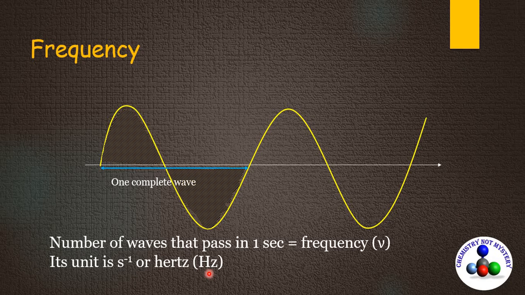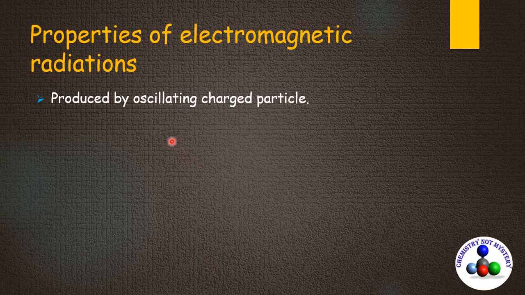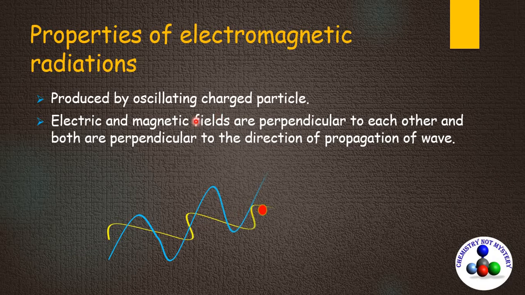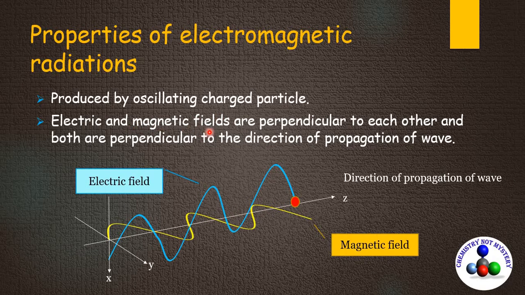Now we are going to discuss the properties of electromagnetic radiations. It is produced by oscillating charged particle according to the Maxwell's theory of electromagnetism. In electromagnetic radiations, electric and magnetic fields are perpendicular to each other, and both are perpendicular to the direction of propagation of waves.